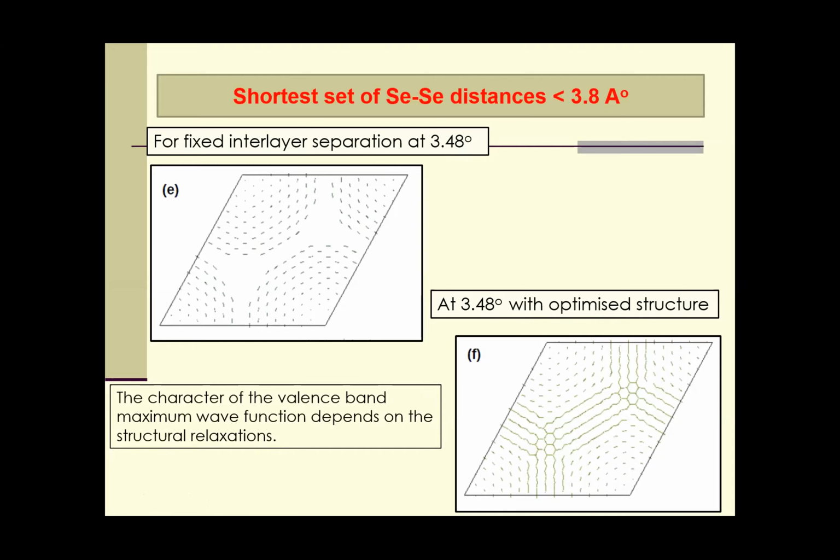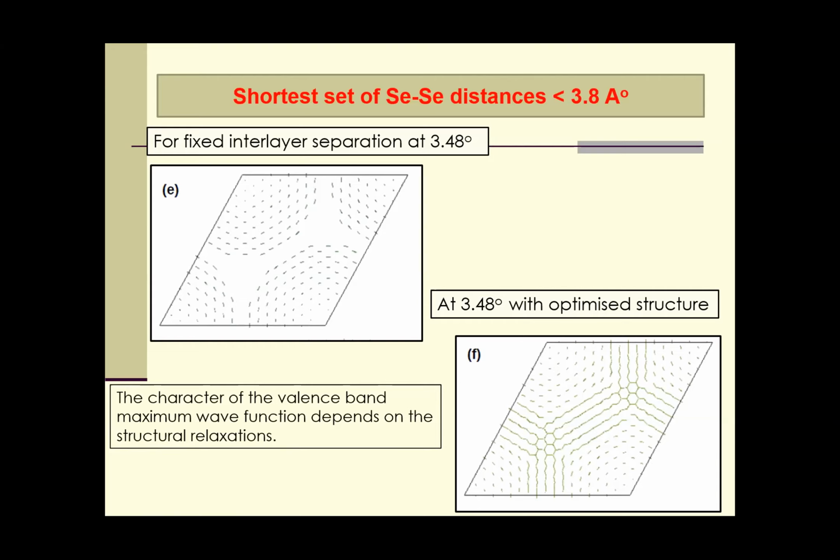So what you can immediately see, Dima was asking this question to the previous speaker, what happens when you do the relaxation? One thing that emerges is that the character of your valence band maxima wave function is going to be very different in the two cases. Okay, so far so good.